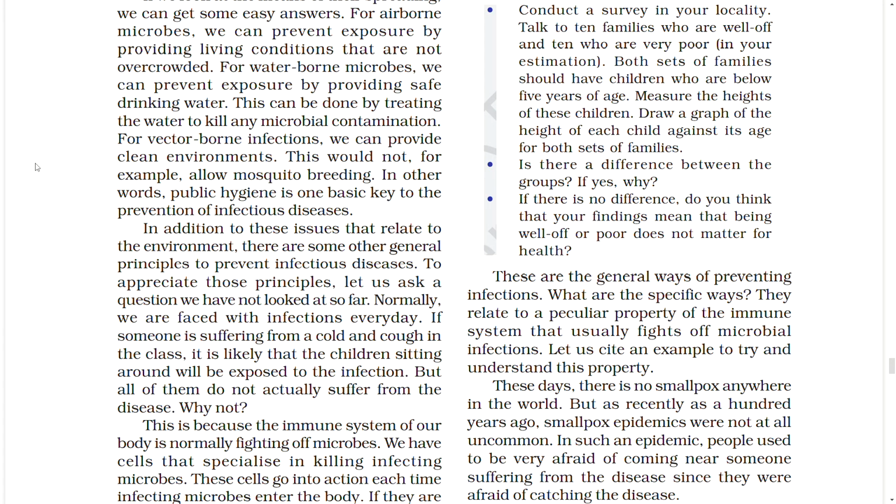In addition to these issues that relate to the environment, there are some other general principles to prevent infectious diseases. To appreciate those principles, let us ask a question we have not looked at so far. Normally, we are faced with infections every day. If someone is suffering from a cold and cough in the class, it is likely that the children sitting around will be exposed to the infection. But all of them do not actually suffer from the disease.